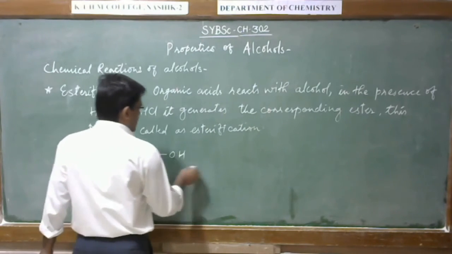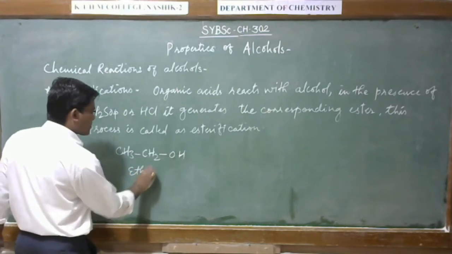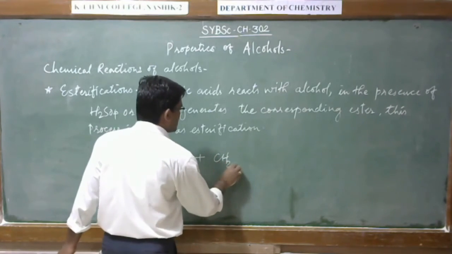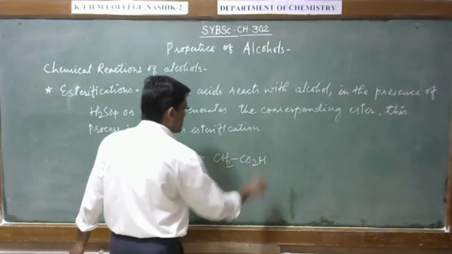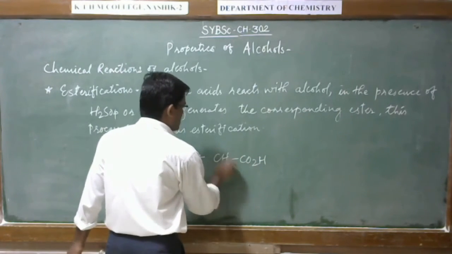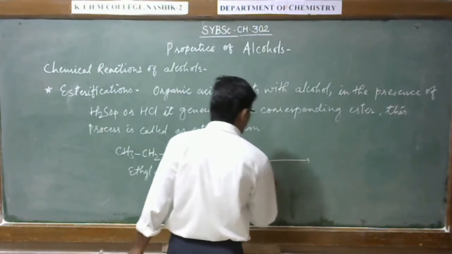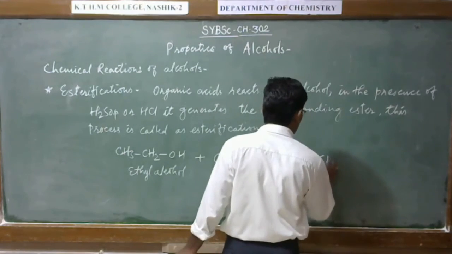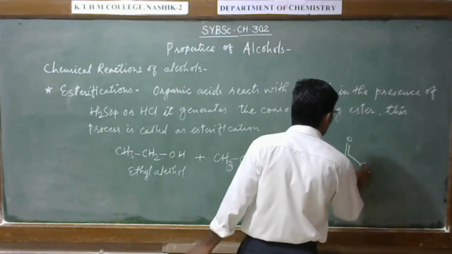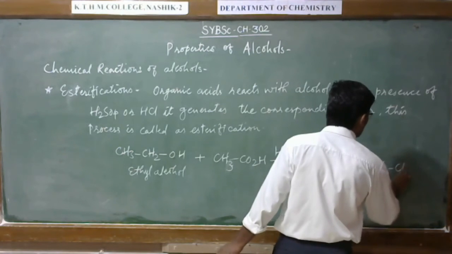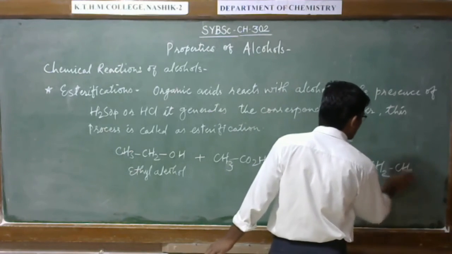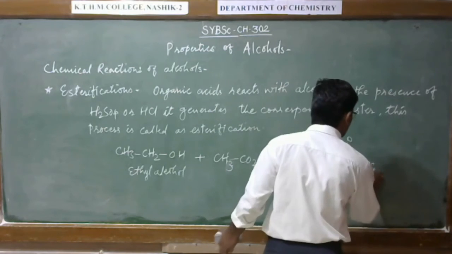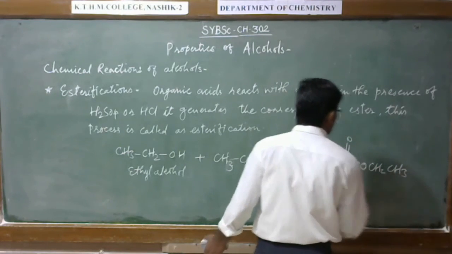So when this ethyl alcohol reacts with acetic acid in the presence of H2SO4 or HCl, it gives ethyl acetate.